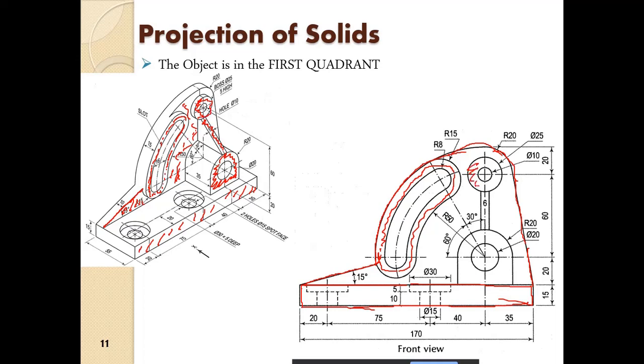So this surface and the surface over here. So that is the front view. Obviously you can think of how the top view will look. That I leave it to you.